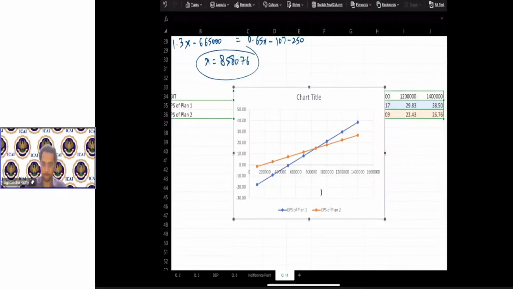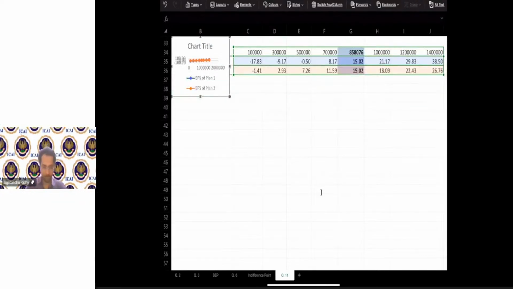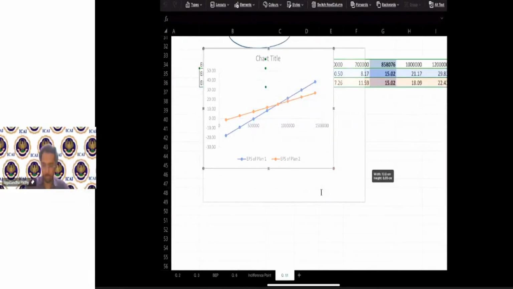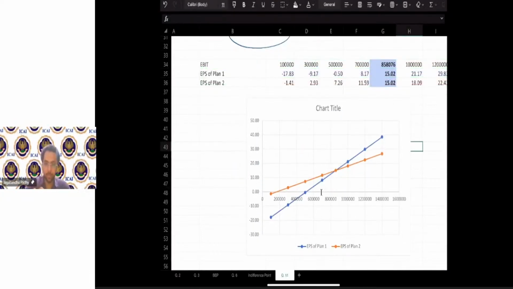Look at this chart, guys. There is one point which is intersecting, and that is our indifference point.